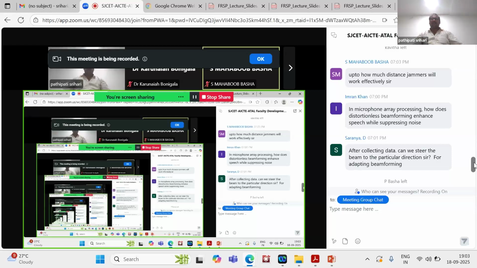But after collecting the data, we will not do that. Adaptive beamforming is done simultaneously while collecting data: we steer the beam both in transmit and receive and then do it.